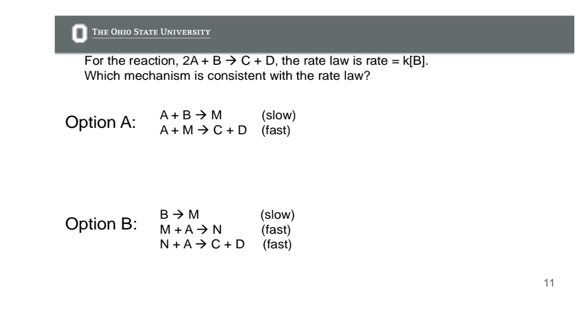Okay, so let's say we have a reaction 2A plus B forms C plus D. And we say that the rate law is rate equals k times B. Which of these options, option A or option B, is consistent with this rate law? Take a look at those.